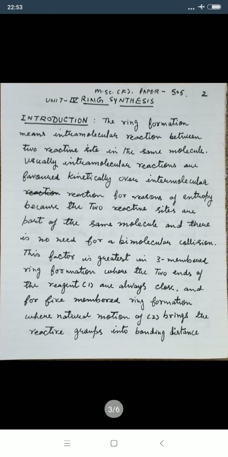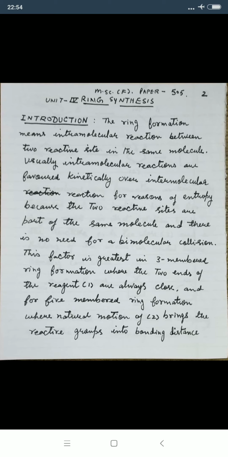So now we are going to start with MSc Final Paper 505, Unit 4th, Ring Synthesis. Introduction. The ring formation means intramolecular reaction between the two reactive sites in the same molecule. Usually intramolecular reactions are favored kinetically over intermolecular reaction for a reason of entropy.